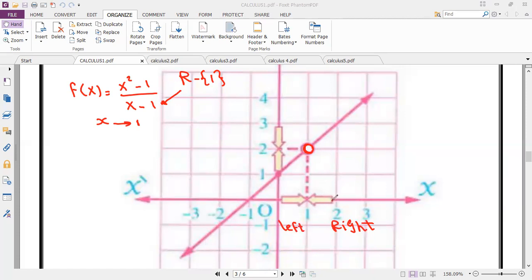As x approaches 1 from the right, you will find the value of the function approaches 2. If we moved up from this point, you will hit the line at 2.